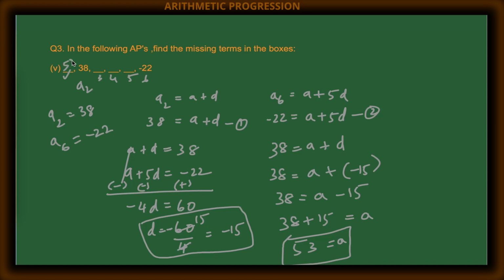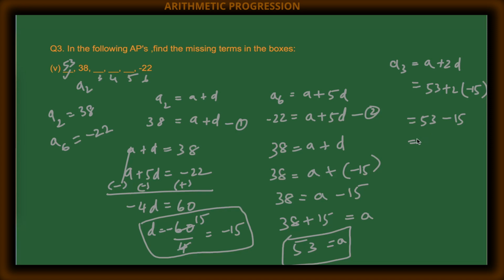Let's write it down. Second we have third term. Okay, so third term, how do you find? A3 is equal to A plus 2D. So A3 we need to find. A is given 53 plus 2. What is D? D is minus 15. Correct? 53 plus 2 into minus 15.